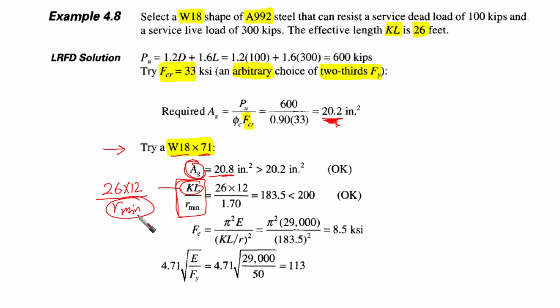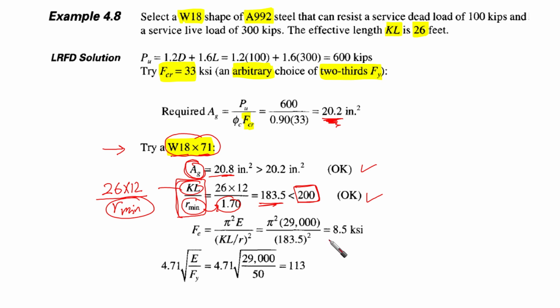So go and obtain this value and check that it equals 1.7 for the wide flange 18 by 71. If you check this, you're going to find 183.5, which is less than our maximum slenderness ratio, which is 200. So it is okay now. The area gross and the slenderness ratio are okay for us.